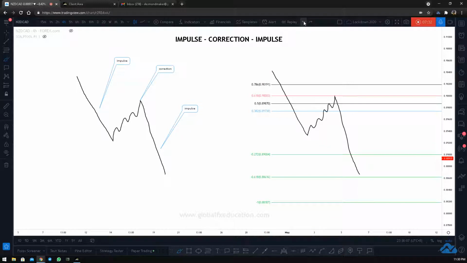Okay, so the Fibonacci retracement tool is a swing trading tool that will help you to understand and also help you to profit very, very nicely with good swing trading opportunities in the market. If the market will retest these Fibonacci levels, you have a very, very good opportunity.